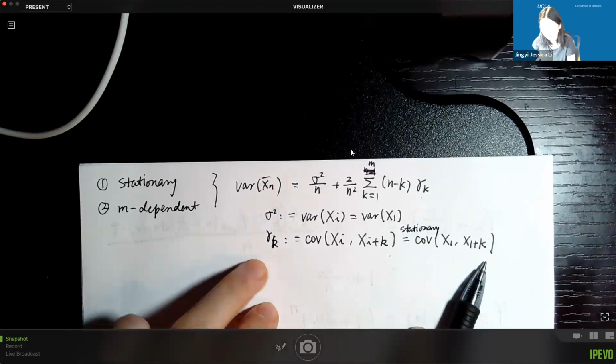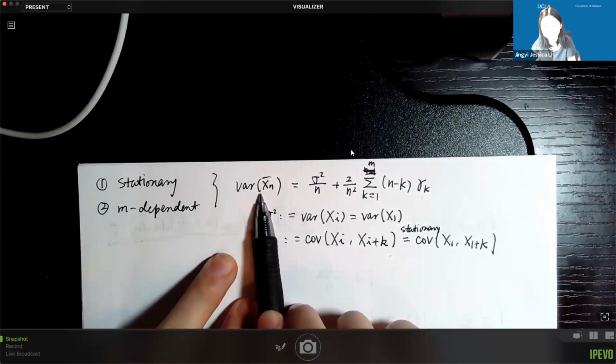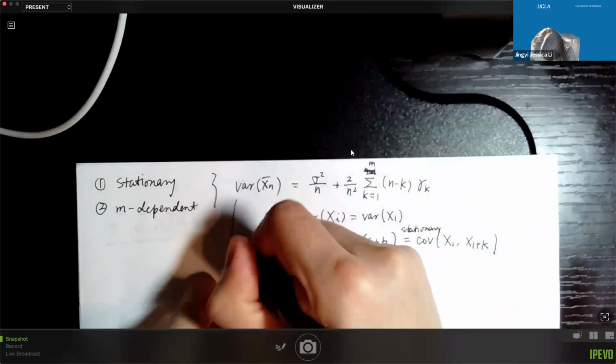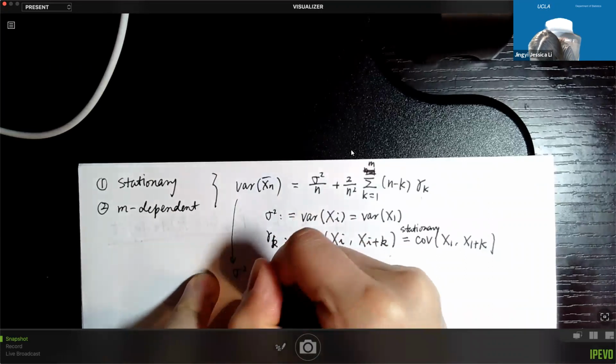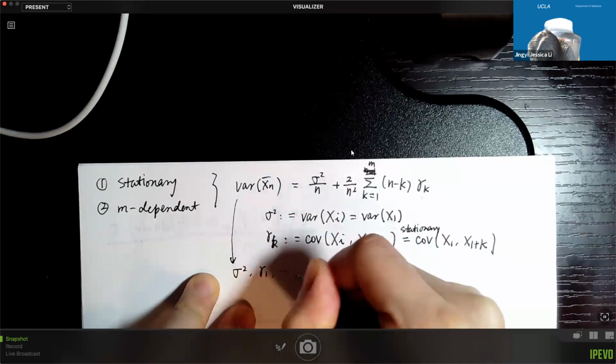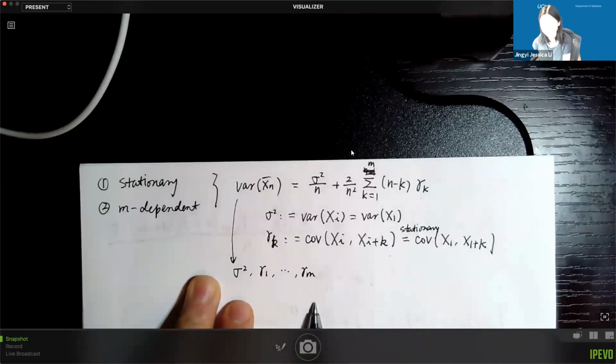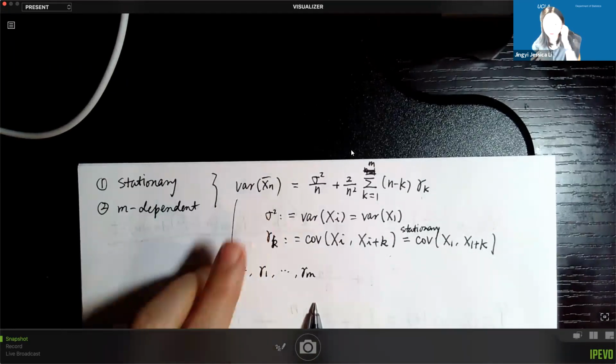In other words, the variance of X n bar only depends on sigma squared, gamma 1 to gamma m. As long as we can calculate those, we can calculate the variance of X n bar.